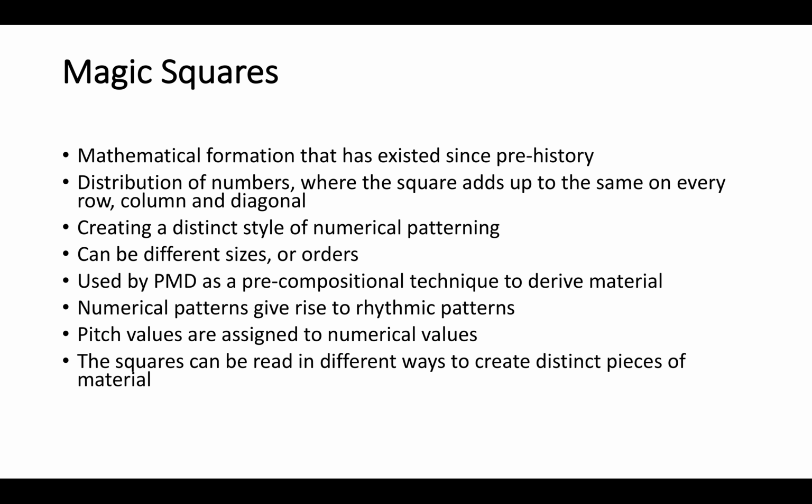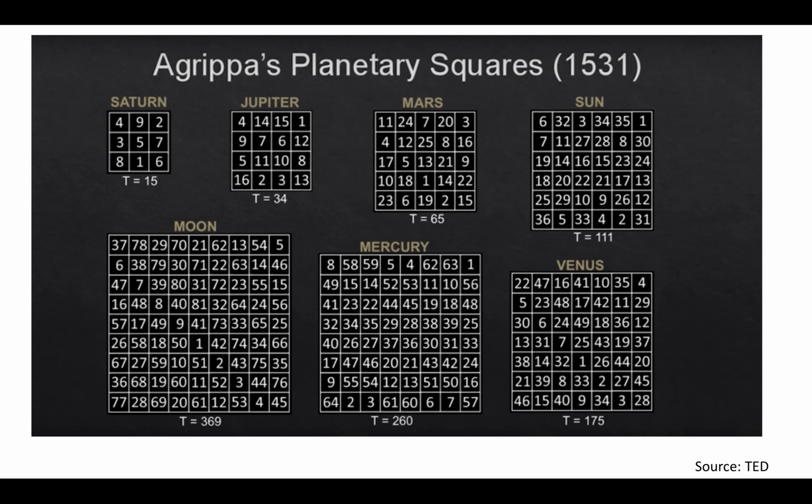And the square can be read or danced across, as Maxwell Davies mentions, in different ways to create distinct pieces of material. So let's have a look at some general examples of magic squares. Oh, sorry, of course this material is then arranged into a piece of music.